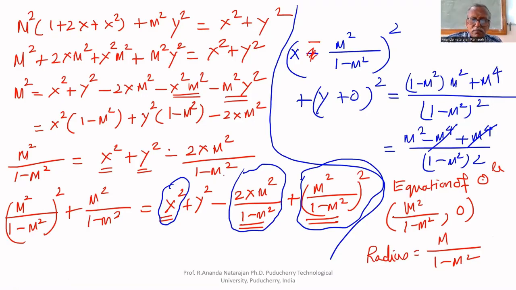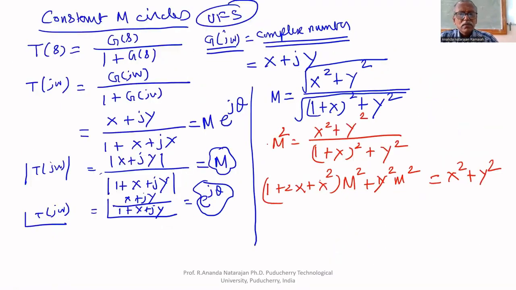So it is a circle. What is m? M is the magnitude of the closed loop transfer function. How can we vary the magnitude? By varying k. If you vary k, automatically m will vary.